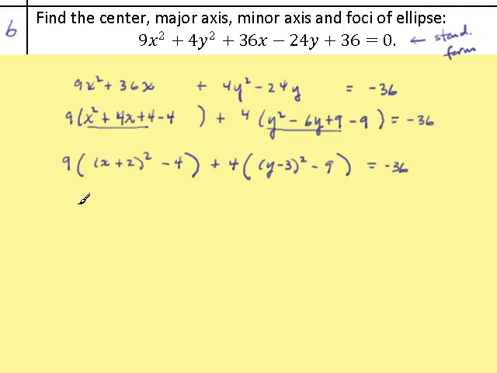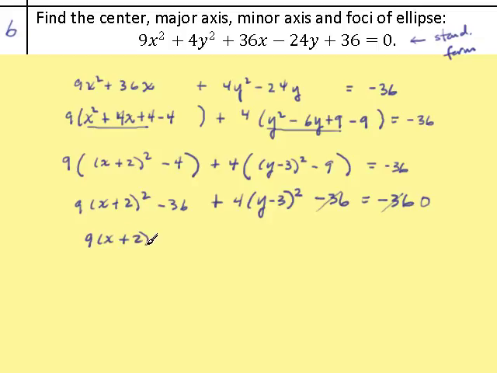Let's open up these parentheses. 9 times (x plus 2) squared minus 36 plus 4 times (y minus 3) squared minus 36 is equal to minus 36. All right, let's just cancel that. We have a 0 on the right-hand side. Add 36 to both sides, and we get 9(x plus 2) squared plus 4(y minus 3) squared is equal to 36.